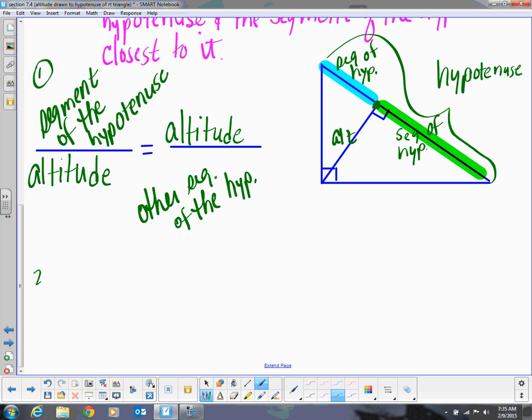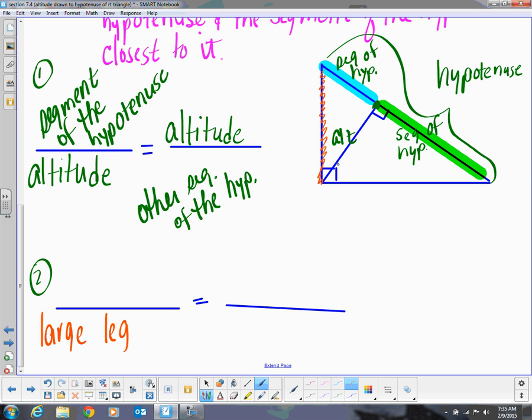So the second one is another proportion, and this one states that a leg of a large right triangle is a geometric mean, which means it also goes up here.